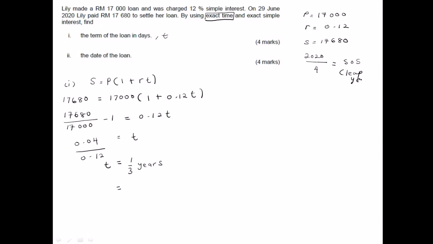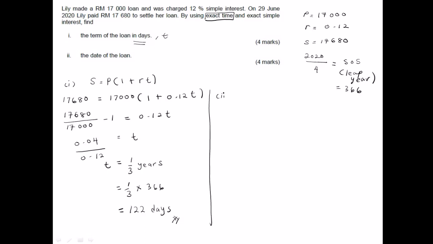Leap year, we have 366 days. So 1 over 3 multiplied by 366 equal 122 days. Oh no, I'm sorry, for question one the answer is in days. So the correct answer is 122 days.